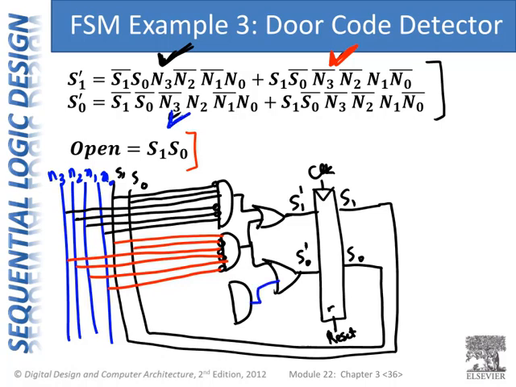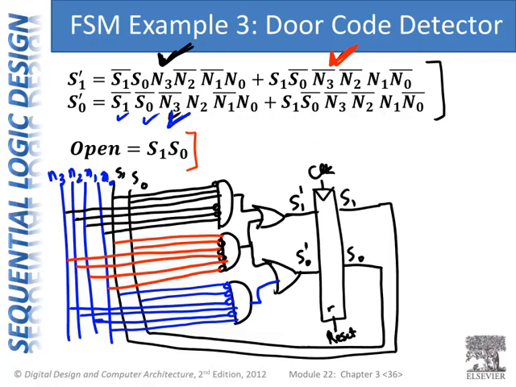And so this one we're going to have a bar, bar, bar, true, bar, true. So S1 bar and S0 bar and N3 bar and N2 and N1 bar and N0.